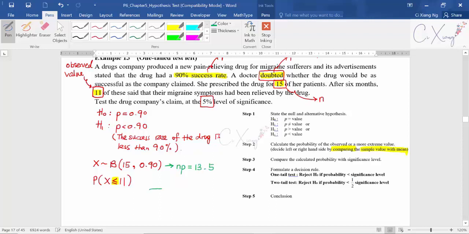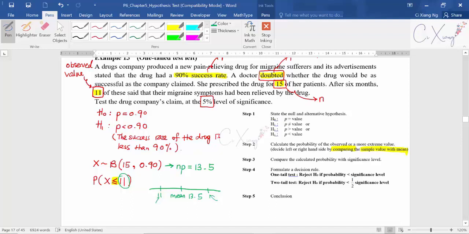You can imagine on the number line, the mean is 13.5, and this value 11 is on the left hand side of 13.5, because 11 should be before the mean 13.5.